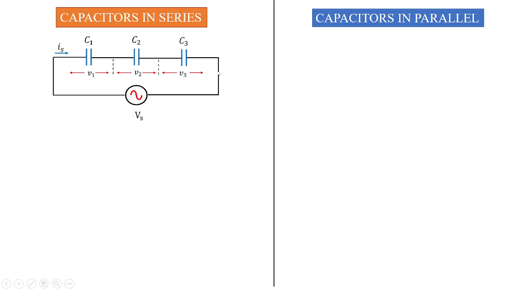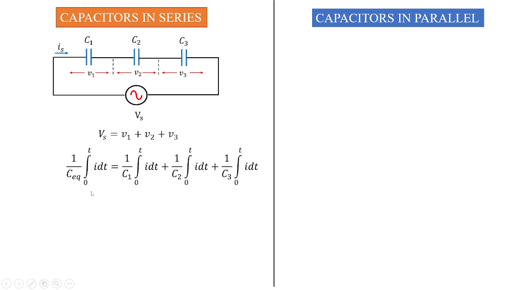So current remains the same whether it is in series for the inductor or in series for the capacitors or resistors. So here the voltage developed will be equivalent to V1 plus V2 plus V3, and the formula for the capacitor voltage is nothing but 1 by C integration i dt. So overall you'll get the value of 1 by C equivalent equal to 1 by C1 plus 1 by C2 plus 1 by C3.